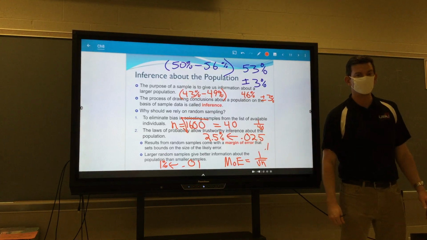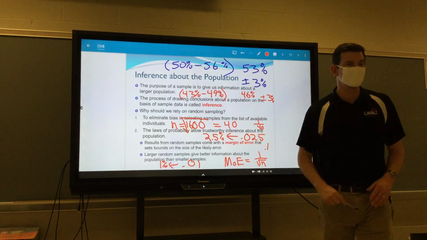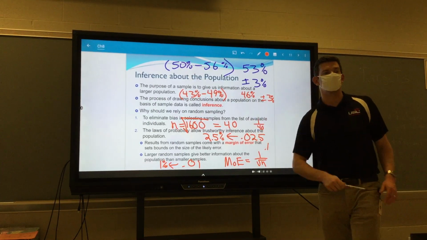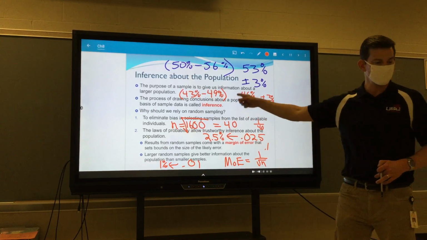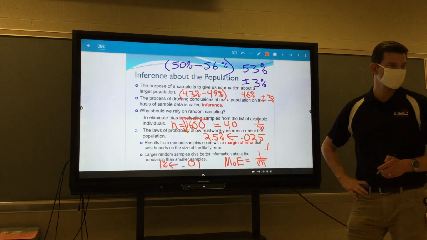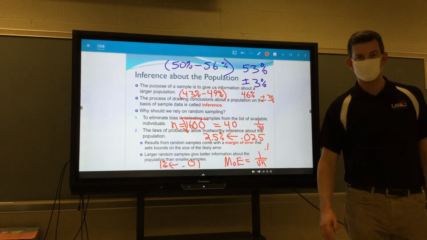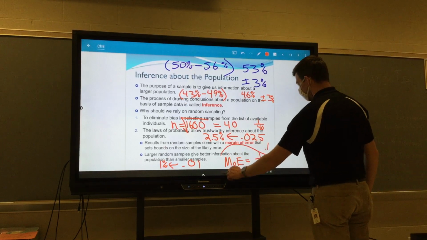That's not really helpful. Again, who cares about what the sample said? You want to know about how accurately that sample predicts what's happening in the population. Any questions with this? There's our one equation for the day, for the unit. Okay. Margin of error, 1 over the square root of n.